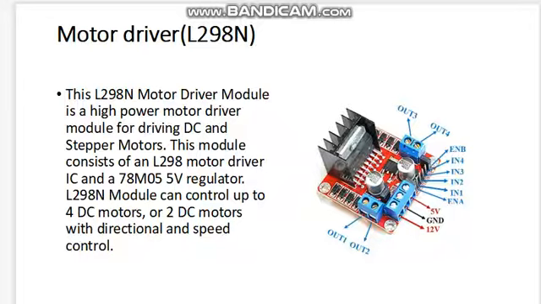The L298N module can control up to 4 DC motors or 2 DC motors with directional and speed control. Here we attached 2 DC motors in our project with the help of the L298N motor driver. Here there are 4 outputs: output 1, output 2, output 3, output 4. One motor is attached to outputs 1 and 2, and the other motor is attached to outputs 3 and 4.